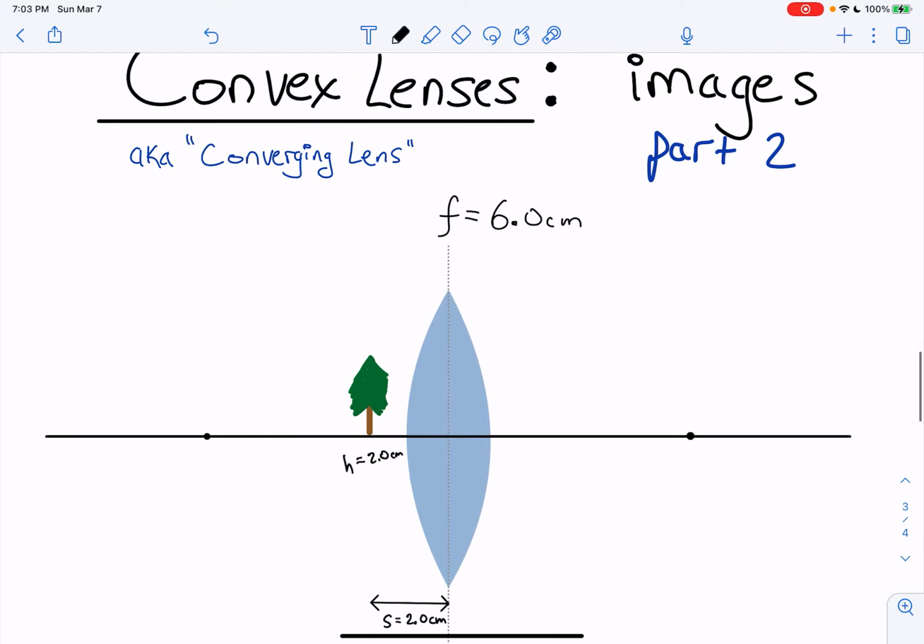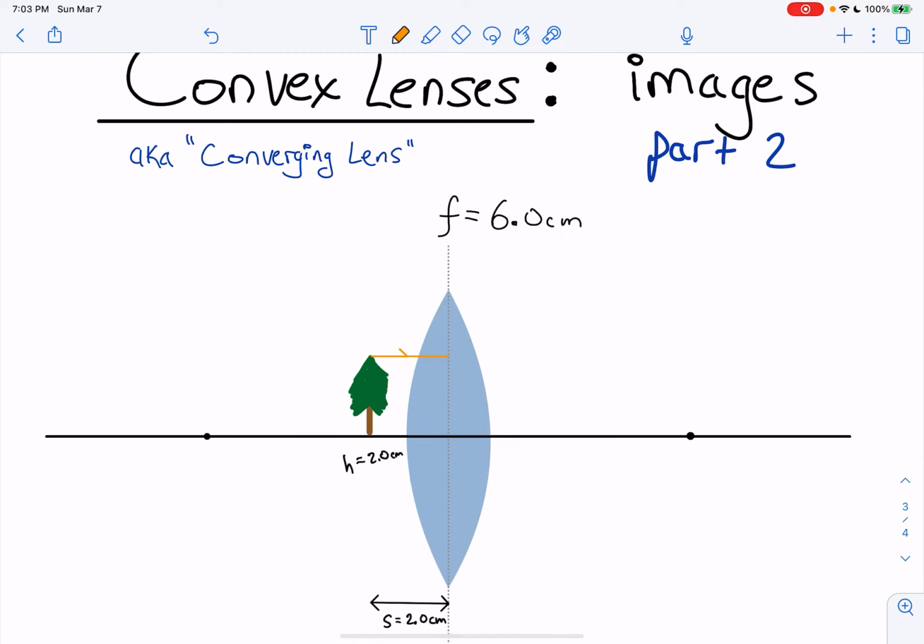All right, so let's get into our ray tracing. What's going to physically happen to a variety of light rays, and how does that map out the image? The first ray that would be helpful is going to go from the top of the object and be parallel to the optical axis.